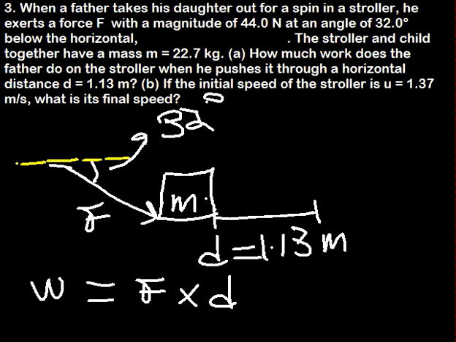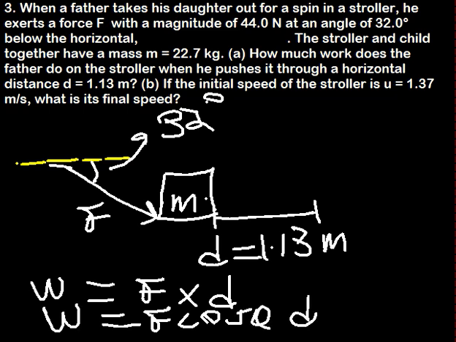That will be given as F cos theta times the distance. That will be the work done, and it will also be regarded as the total work done for the object.